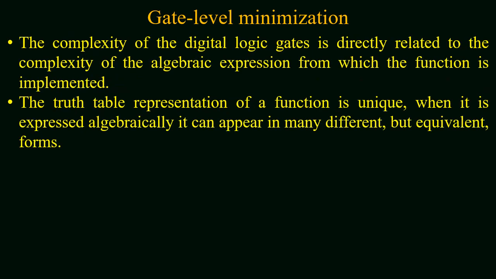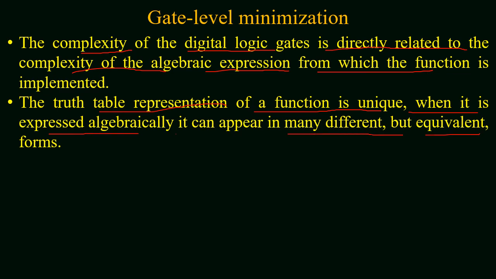Now we know that the complexity of a digital logic system is directly related to the complexity of the algebraic expression through which the desired function is implemented. And we also know that the truth table representation of a Boolean function is unique. But when the same function is expressed algebraically, it may appear in different equivalent forms.